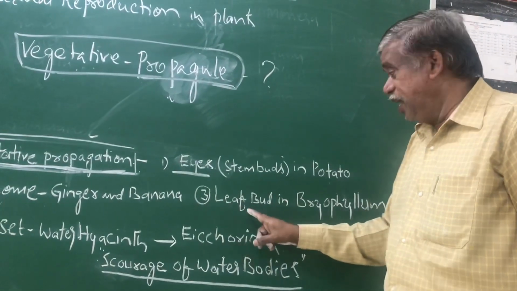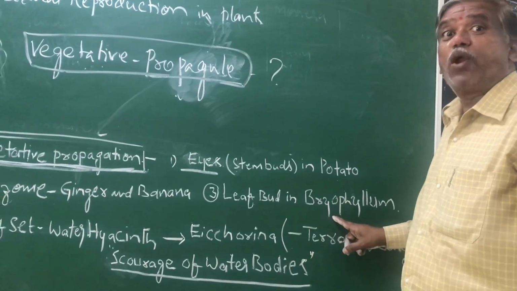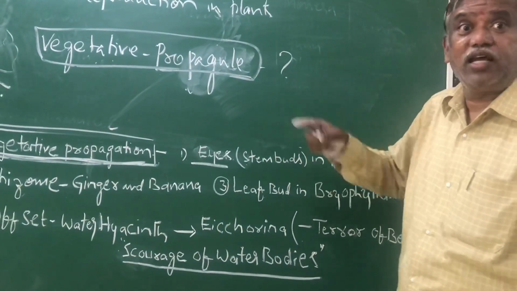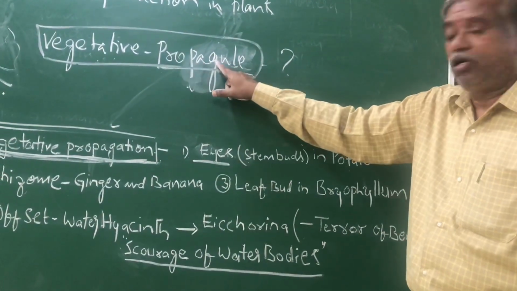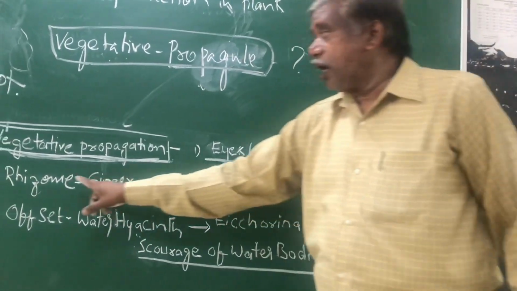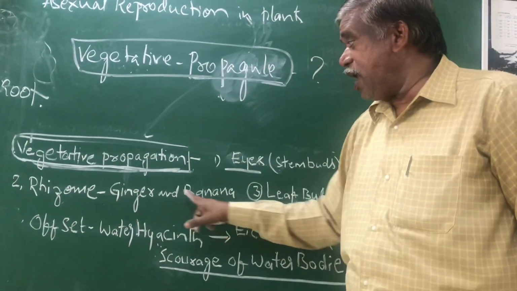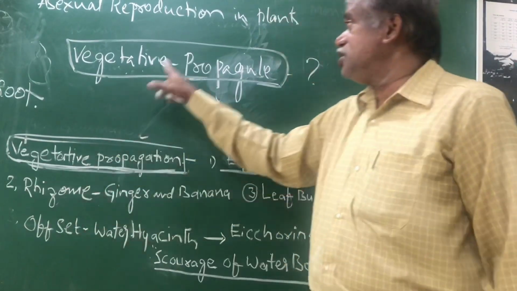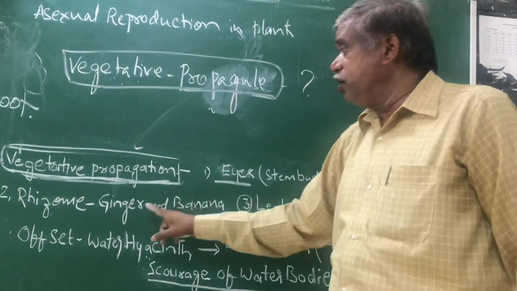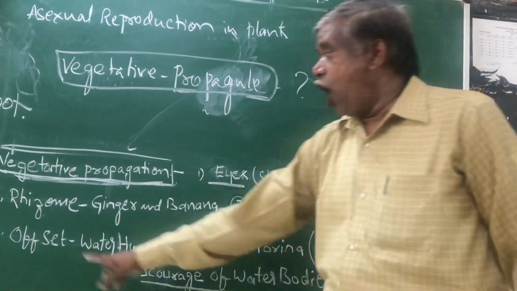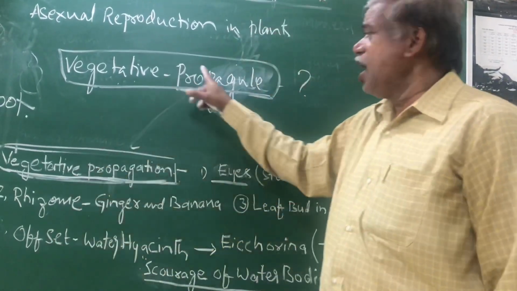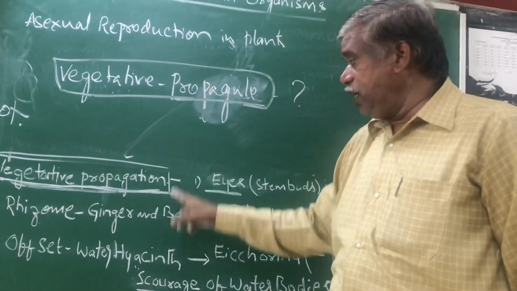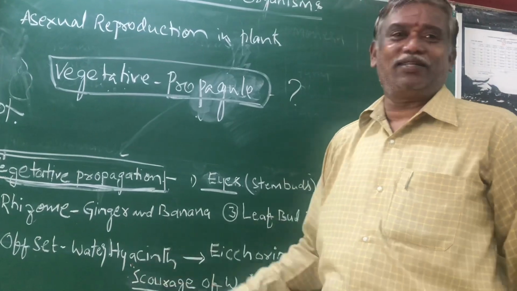Leaf buds in Bryophyllum are another example of vegetative propagules. Now come to the rhizome in ginger and banana. Rhizome is a vegetative propagule in ginger and banana. Offset is another vegetative propagule in water hyacinth.